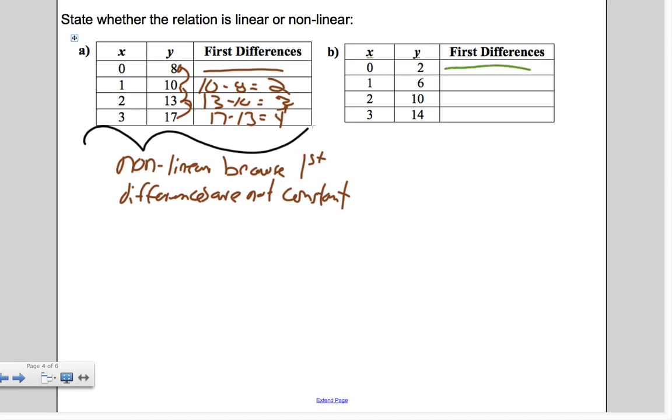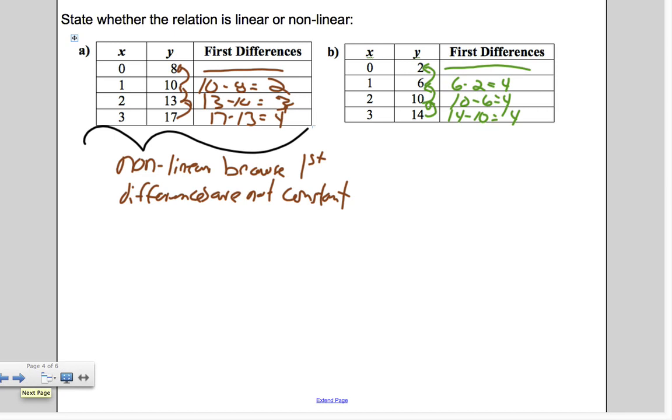Nothing for that one, right? So here we have 6 minus 2, which is 4. 10 minus 6 is 4. And finally the last first difference is 14 minus 10, which is 4.